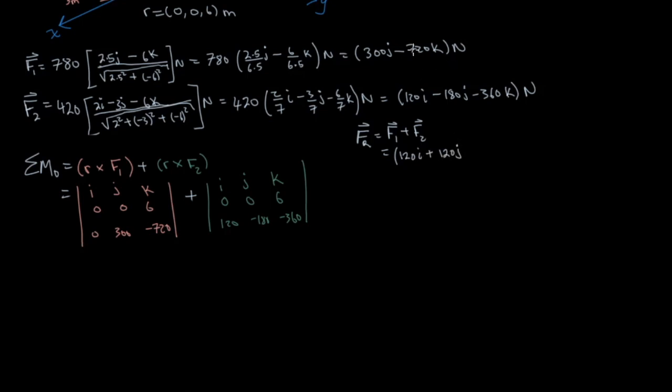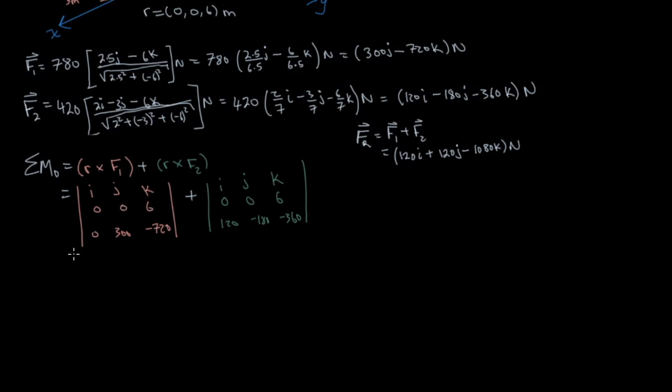And then we're going to sum up a negative 720k and negative 360k, and that gives us negative 1080k newtons. So when we take the cross product to get the resultant moment, we can just go r cross Fr.